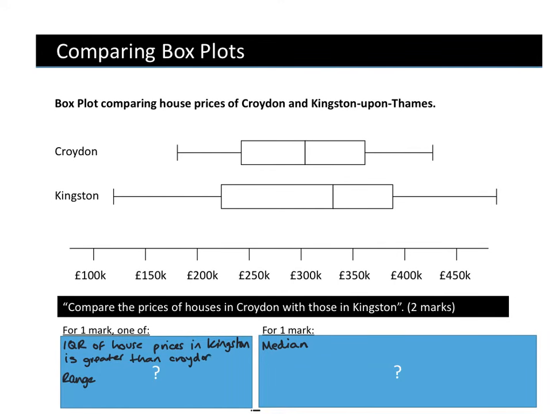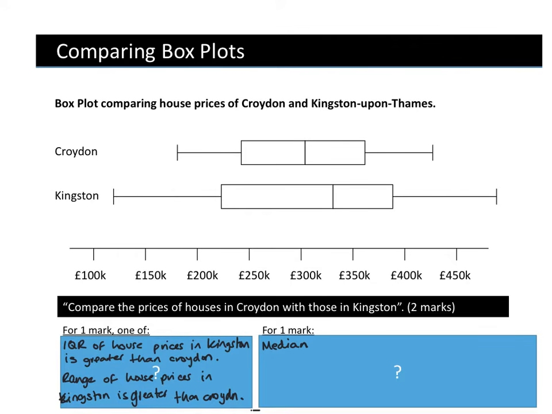And you can see this is a full sentence. Okay? The range of house prices in Kingston is greater than Croydon. Perfect. Okay, either or. And you can see here, sometimes people put figures in. It really depends what's going on. You can put figures in.